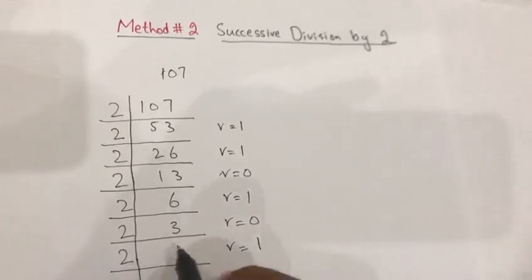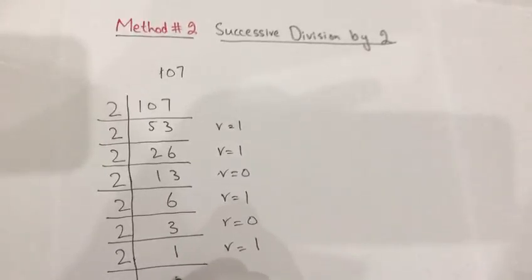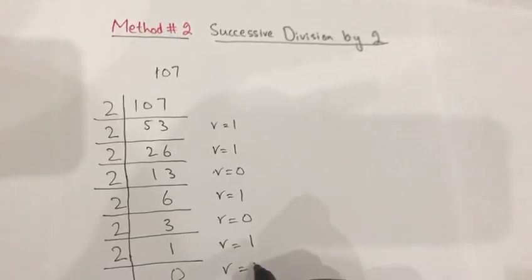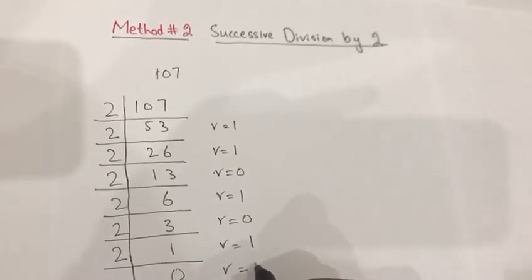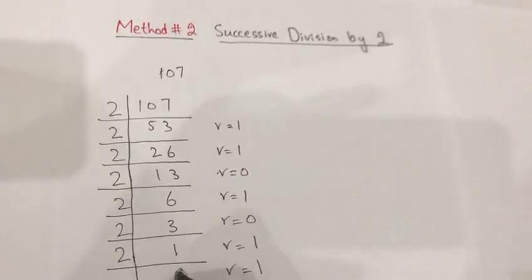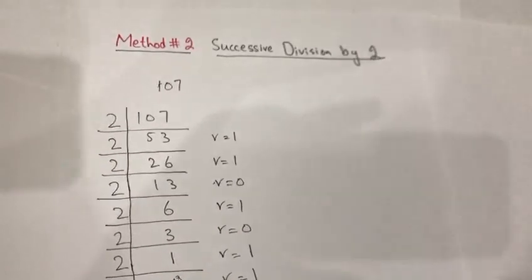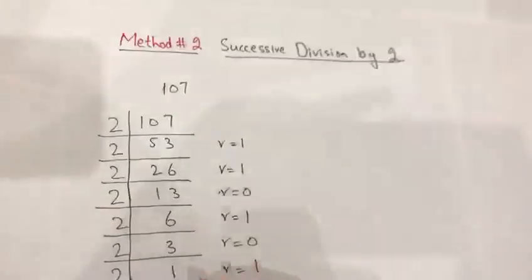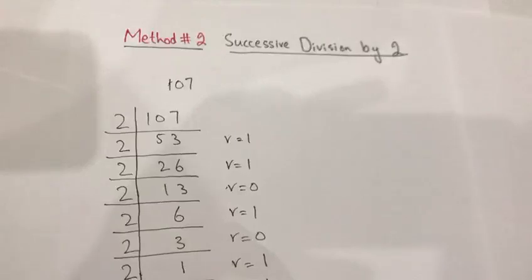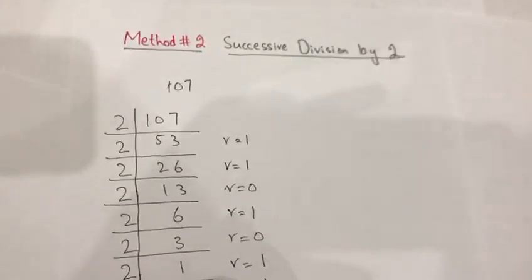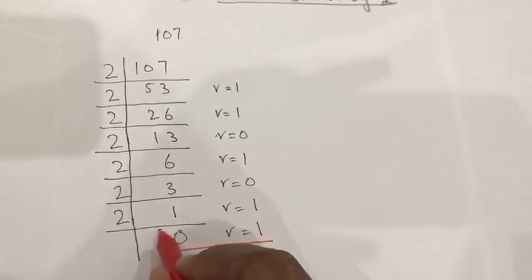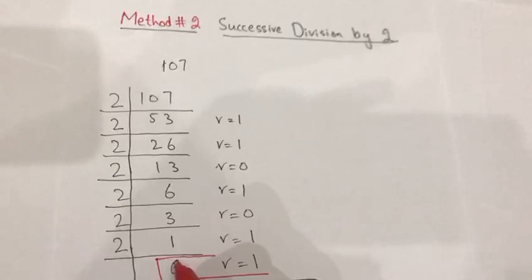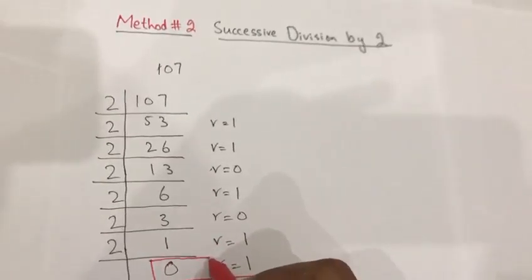So 1 divided by 2 will be 0. So the remainder will be 1. So we will start from here, and this we can say is the bottom to top approach.